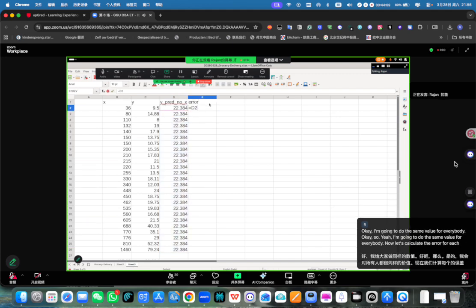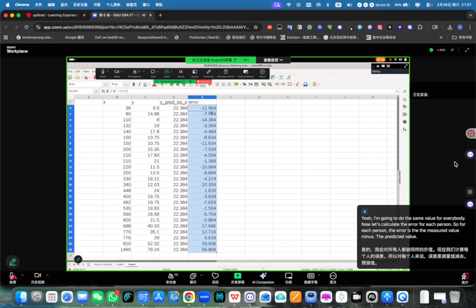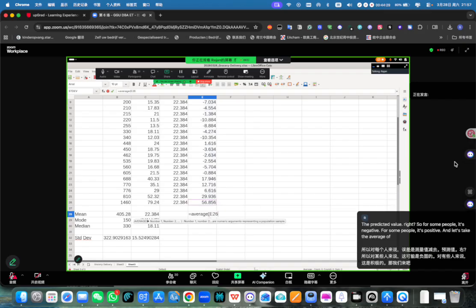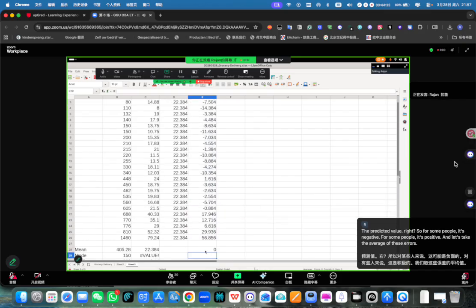For each person, the error is the measured value minus the predicted value. So for some people it's negative, for some people it's positive. And let's take the average of these errors. See, it's exactly 0.